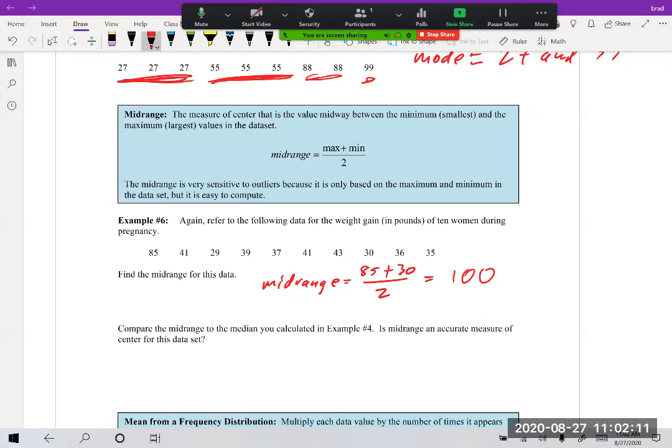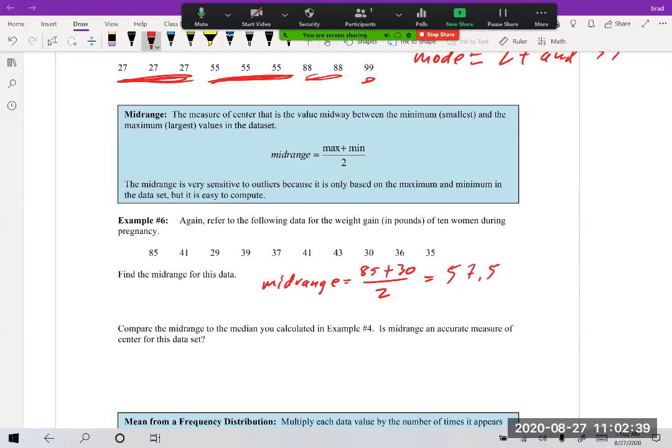Now, does that feel like the mid-range for this problem when you think of the data set? Oh no, that's definitely wrong, guys. I forgot to use parentheses. 85 plus 30, enter, divided by 2 is 57.5. Sorry about that. But even that doesn't feel like the mid-range because the outlier of 85 is messing everything up.